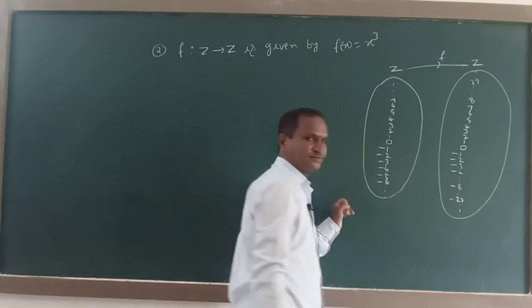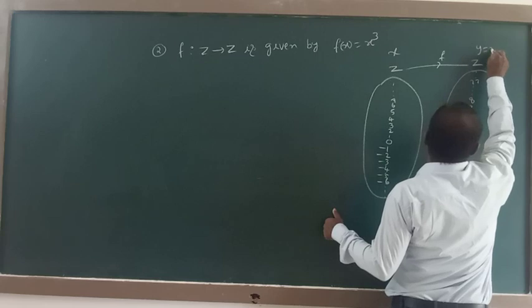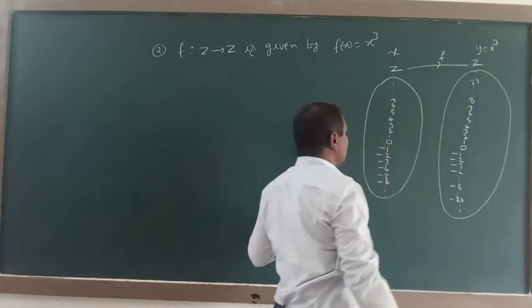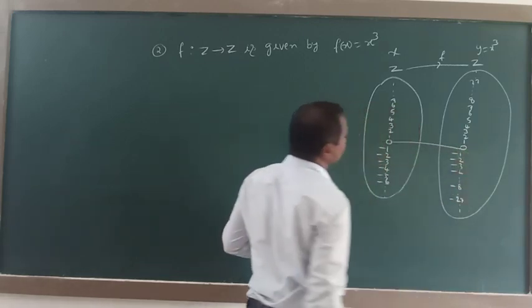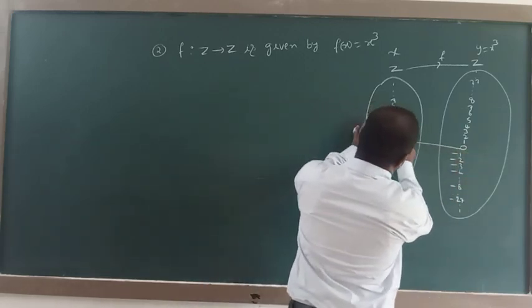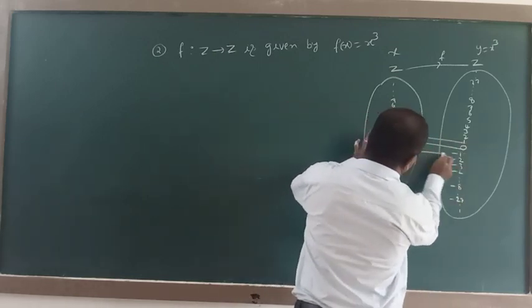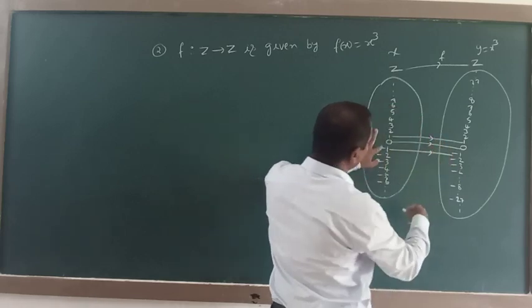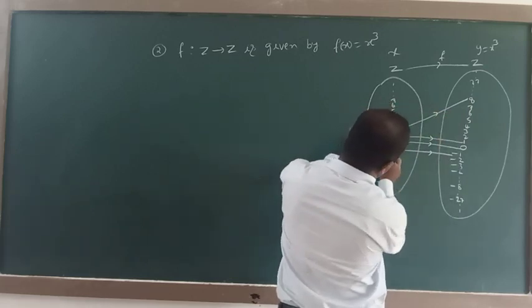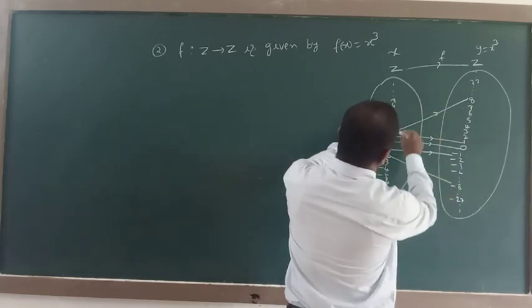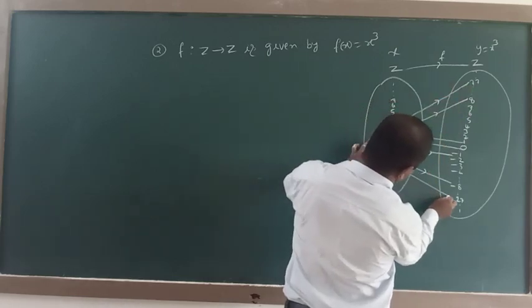It is x, and y is equal to x cube. 0 cube is 0. 1 cube is 1. -1 cube is -1. 2 cube is 8. -2 whole cube is -8. 3 cube is 27. -3 cube is -27.